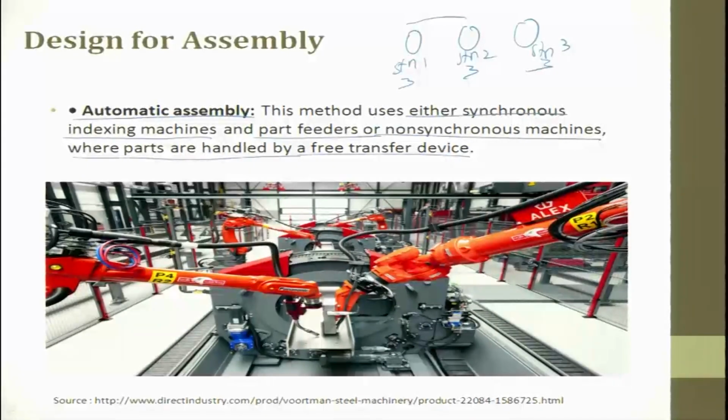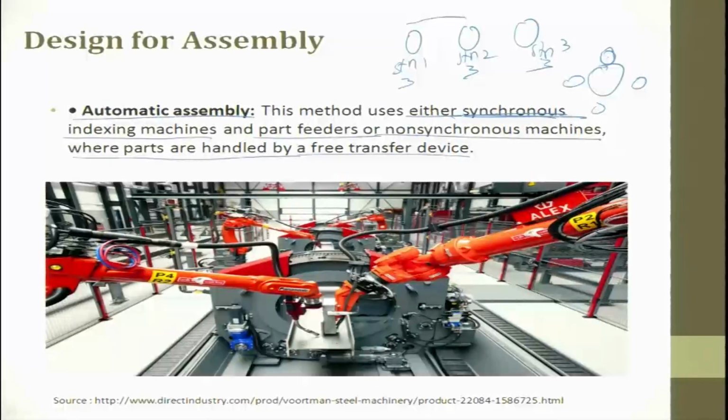Then when I move from one station to the other, there is a synchronous motion, or a synchronous indexing machine. Suppose you have 5 stations around and you have an indexing table. Every time it indexes, the new job or the part to be machined comes in contact with the workpiece.